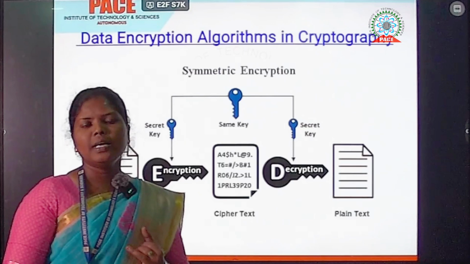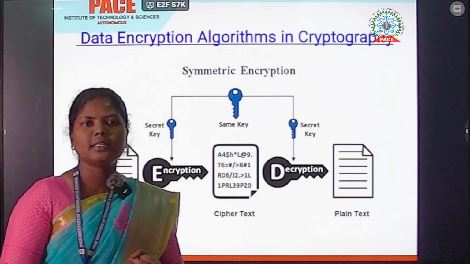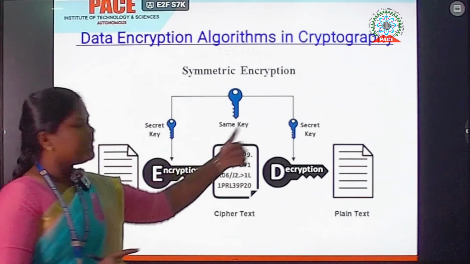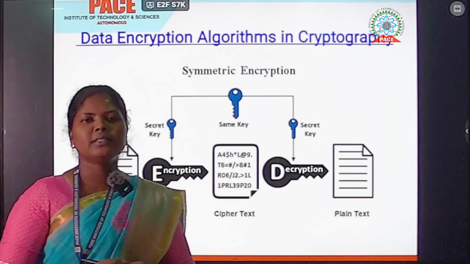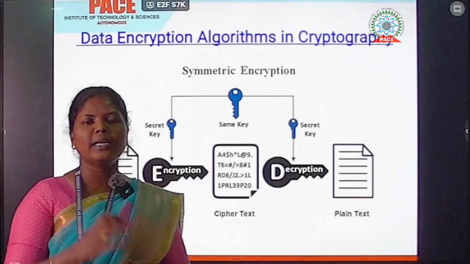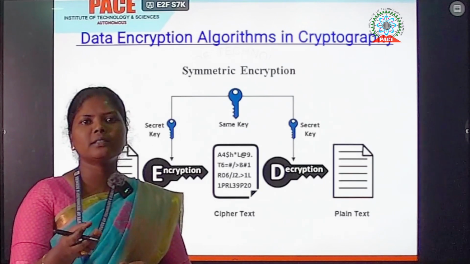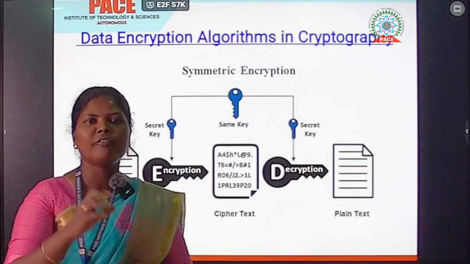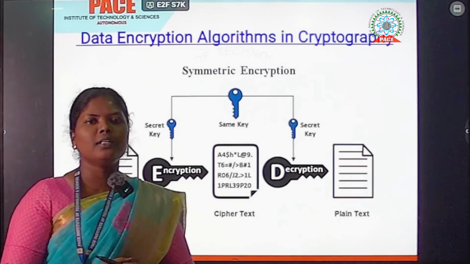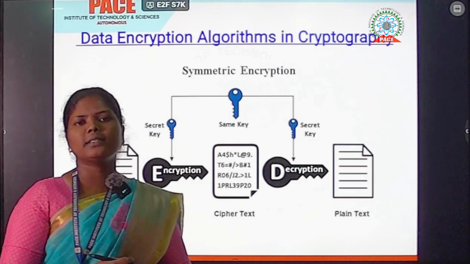Third, secret key. Plain text is nothing but the original message or original data. Ciphertext is the encrypted plain text with the combination of the key. Ciphertext is nothing but a combination of plain text and the key.